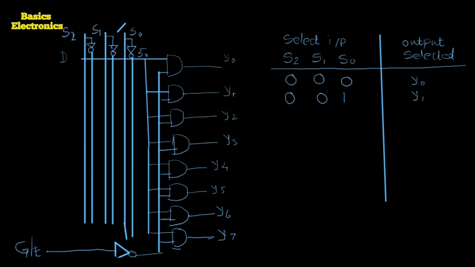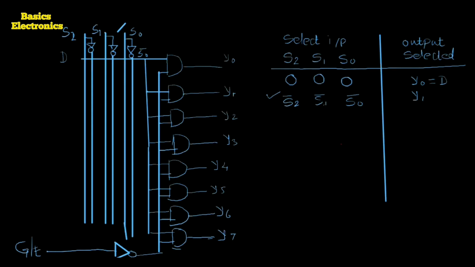It means to get the output Y equals D, we require to make the connection as S2 bar, S1 bar and S0 bar. We are applying the select input as S2, S1 and S0, so we apply to the AND gate S2 bar, S1 bar and S0 bar.